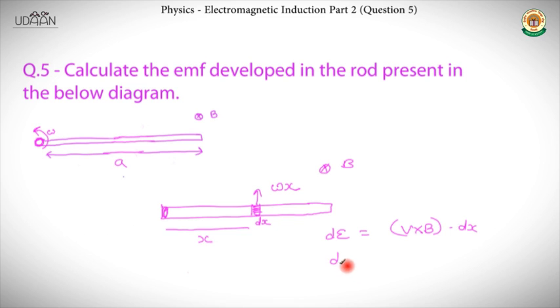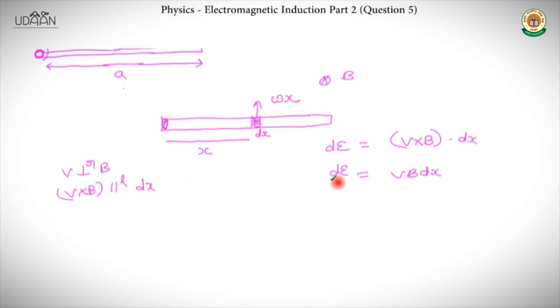V and dx will be always along the direction of the rod. So V cross B will be always parallel to dx. So we'll get VB dx. Because of a small dx part, the EMF induced will be this much.